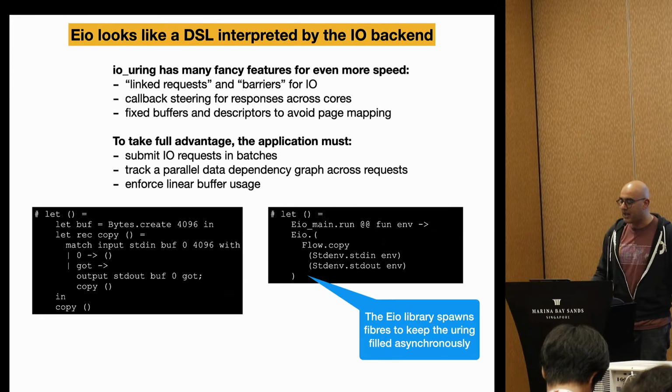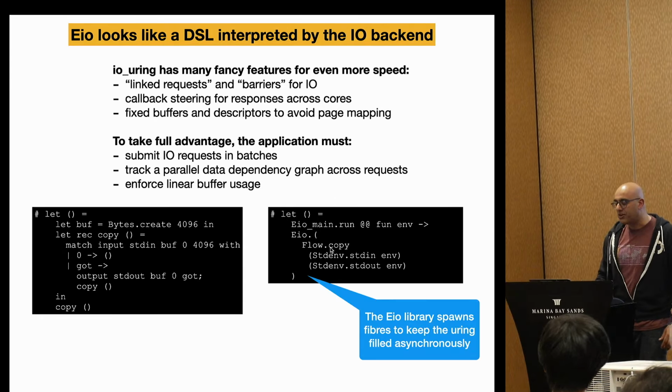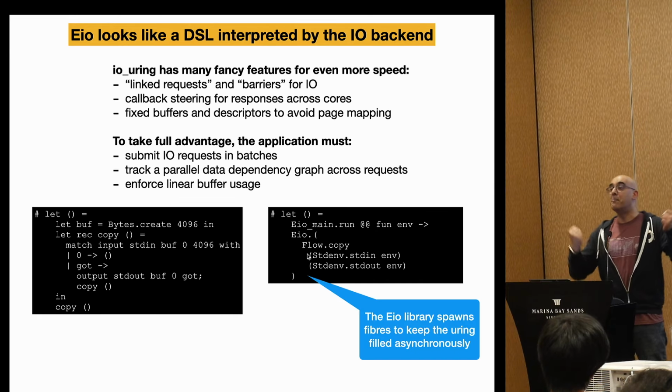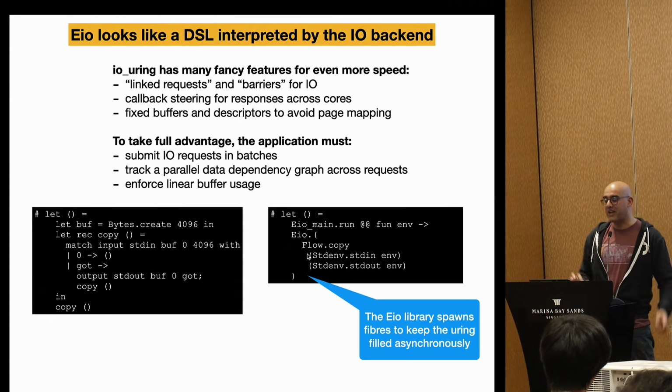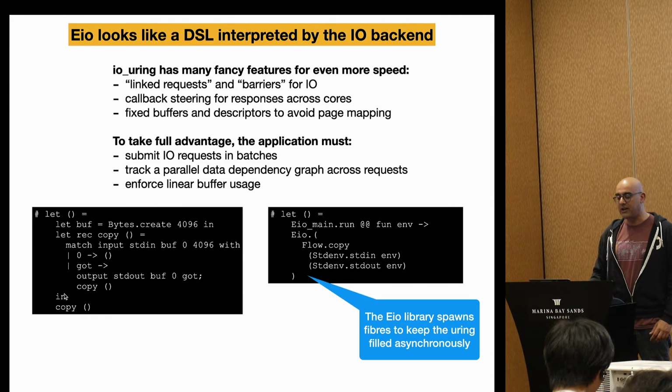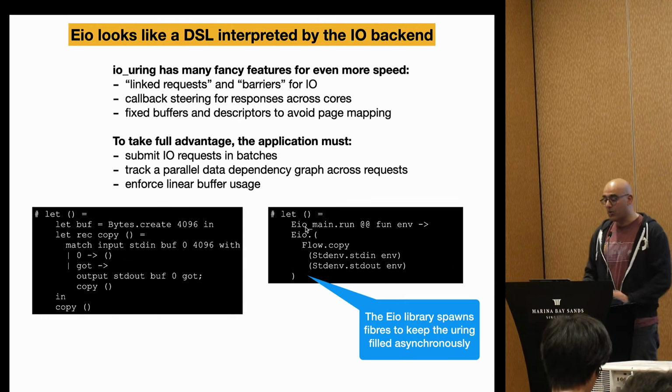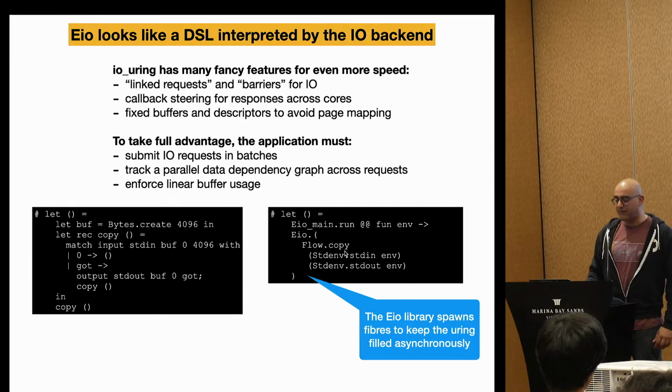And so in EIO, we have a bunch of high-level functions that try to, as declaratively as possible, manage I/O without specifying exactly how to manage it. In the old days, if I wanted to copy a buffer, I might just create a buffer, read a magic number in here, and then output it to stdout. And now what we do in EIO is we say, well, give me a flow.copy and define input and output flows instead.